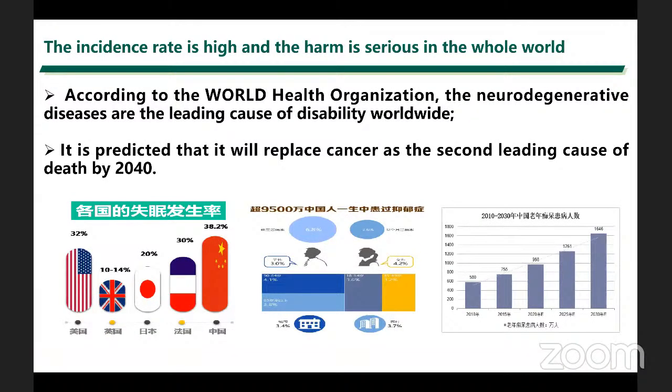The incidence rate is high and the harm is great. According to the WHO, neurodegenerative diseases are the leading cause of disability, and it is predicted that they will replace cancer as the second leading cause of death by 2040.